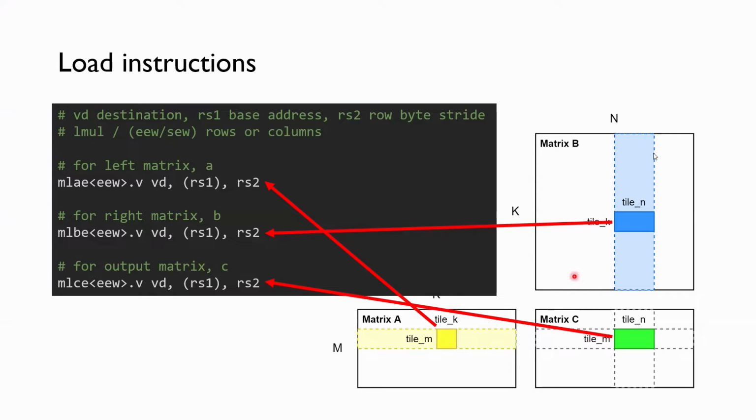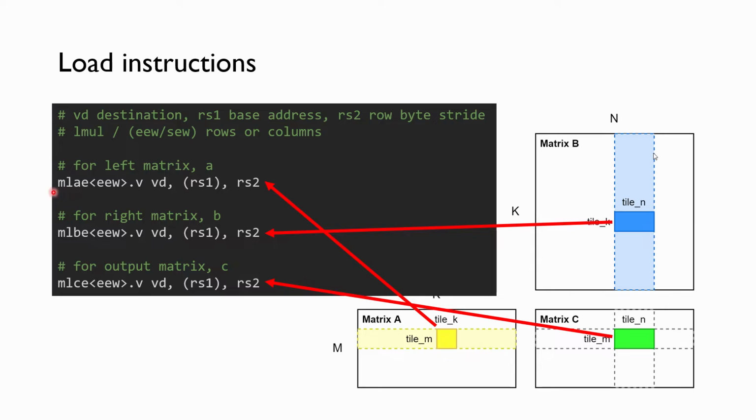First, the load instructions. This is quite similar to the matrix load instruction, except the destination here is the letter after the dot, V instead of M. It means the destination register is a vector register. RS1 is also the memory base address, RS2 is the row stride in bytes, and the A, B, C here also indicate the shapes of the tiles.